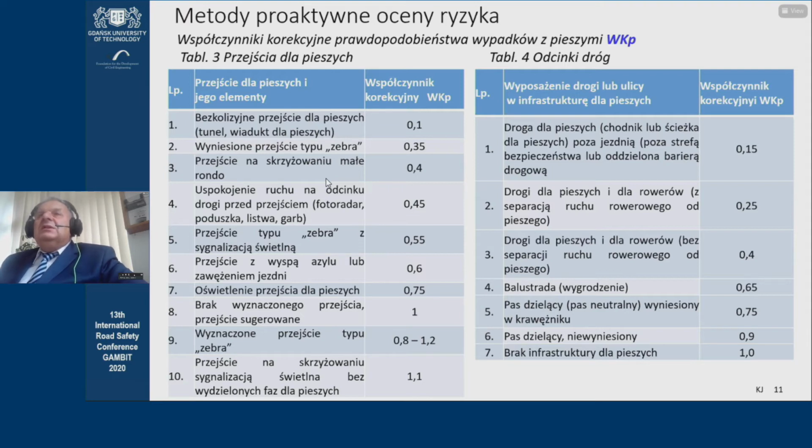Polish literature says that for grade separated crossings, it's 10% probability that there will be an accident when they will not use a footbridge, and then a raised zebra-type crossing, a very high rate, but just a designated zebra crossing has the risk between 0.8 to 1.2.